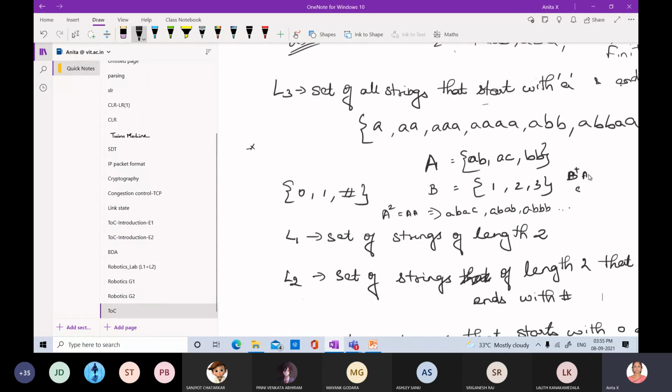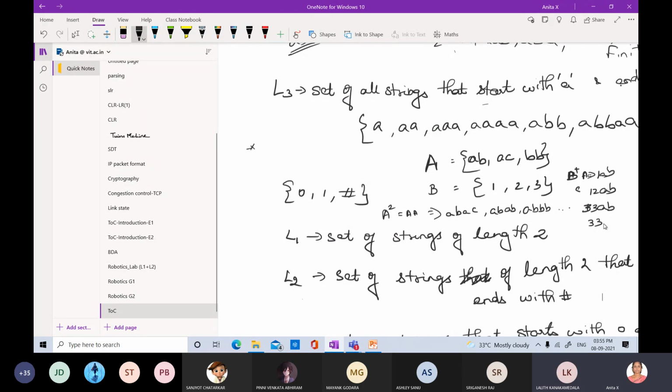So what are the strings possible? One AB is possible, one, two AB is possible, one, three AB is possible. Will this string be possible? Is this string possible in this language?